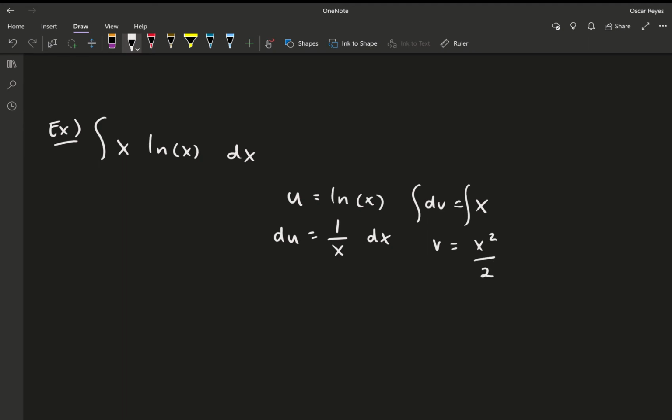Now, if we go ahead and put this into the original formula that we had, this whole thing equals u, which is ln of x, v, which is going to be 1/2 x squared, minus the integral of v, which is x squared over 2, du.